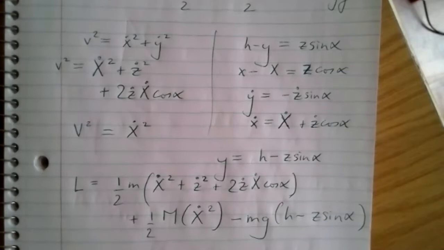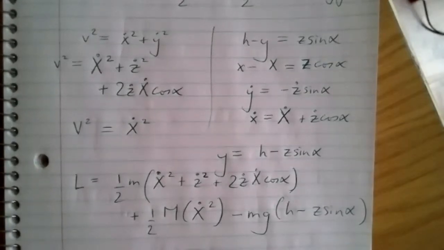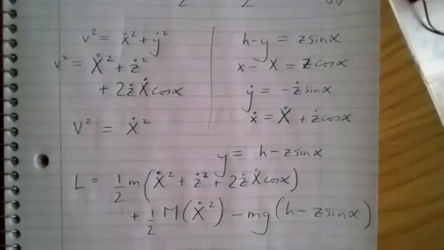All right, so we see that we have two generalized coordinates, z and big X. And so we can write the Euler-Lagrange equation for z, the Euler-Lagrange equation for big X, and we can solve and describe the motion.